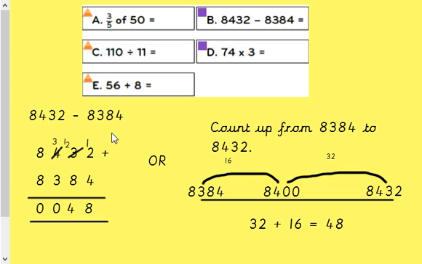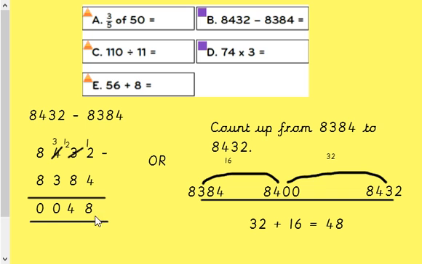So here, what we would do is line up the numbers to make column subtraction, and we'd have 2 take away 4. We can't do that. So we have to borrow from the next column here.